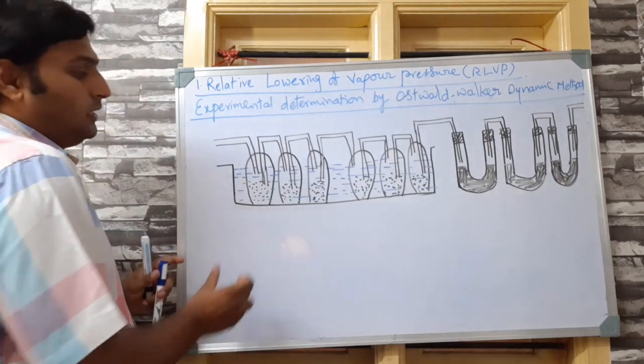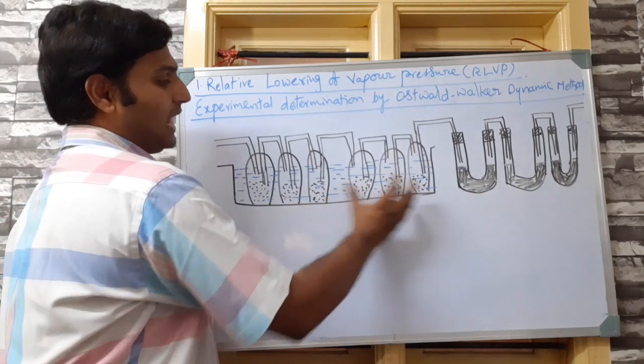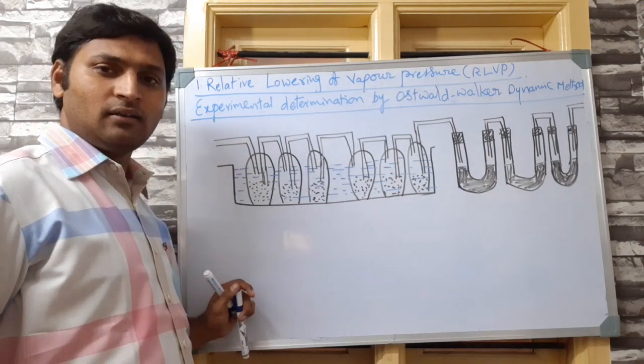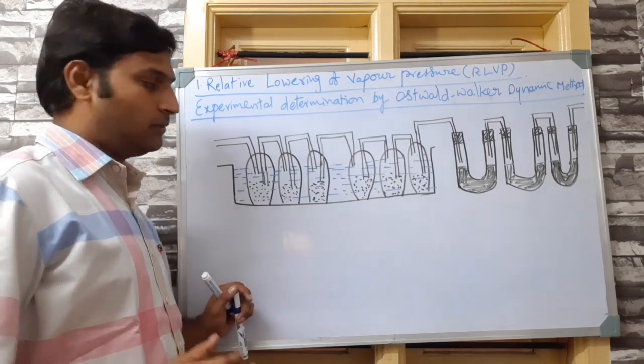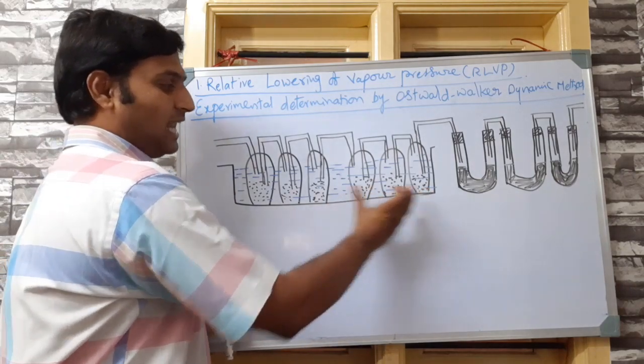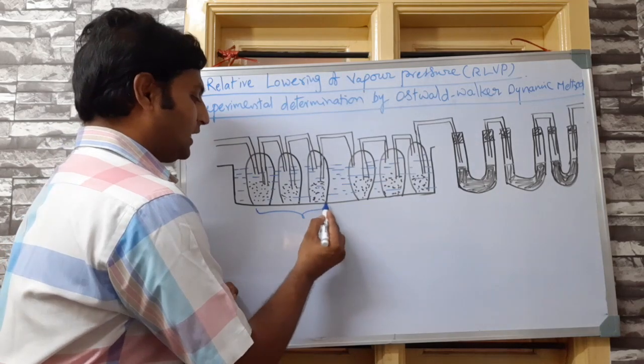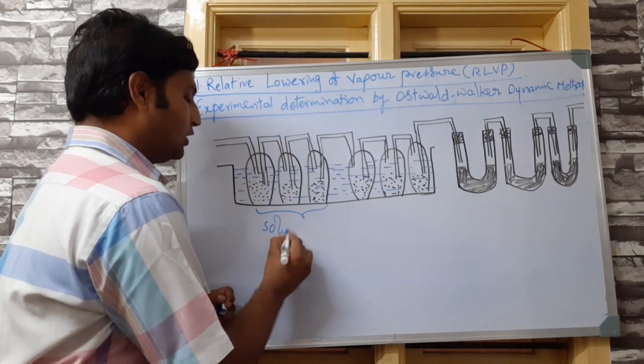See, there is a set of 6 glass bulbs being shown here. For accuracy, they may take any number. Minimum we are using here. In the first set of bulbs, they contain solution.